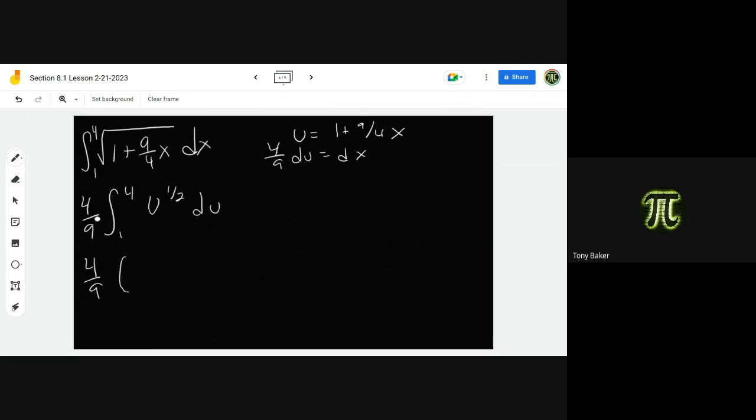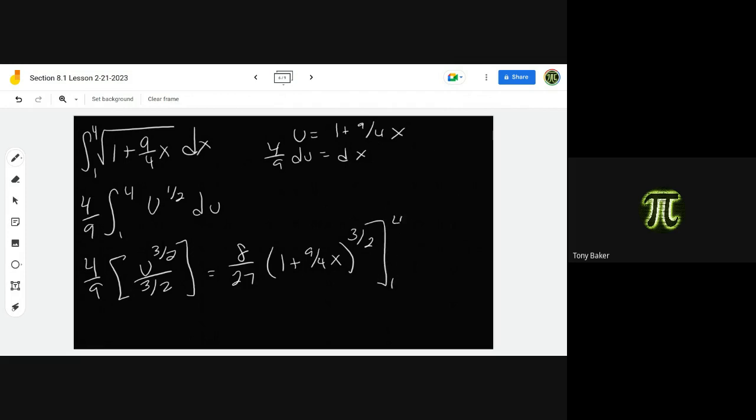I have u to the 3/2 over 3/2. So flip that over, and I've got 8/27, and then 1 plus 9/4 x to the 3/2. And we're going to evaluate that from 1 to 4.